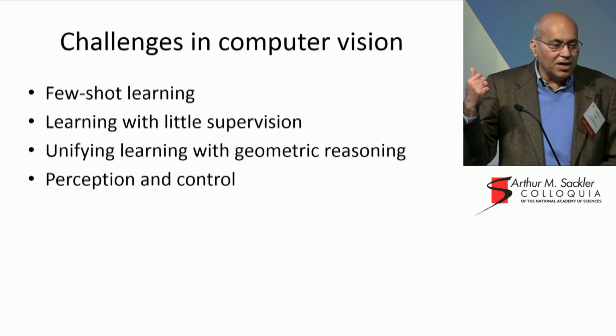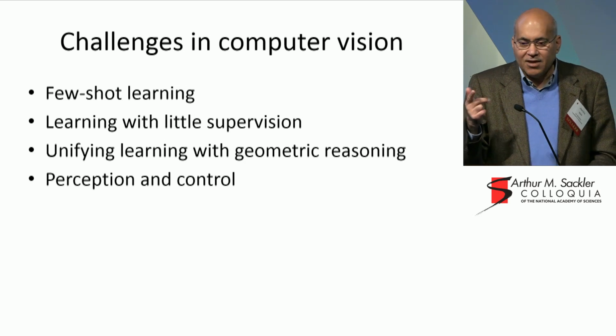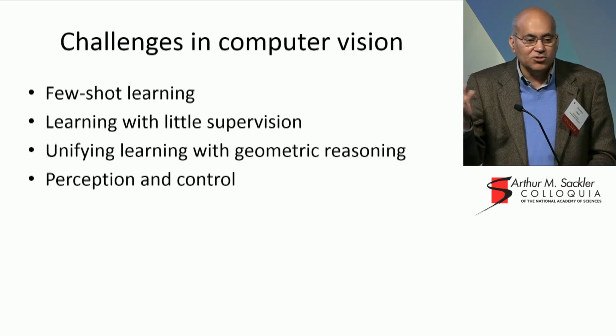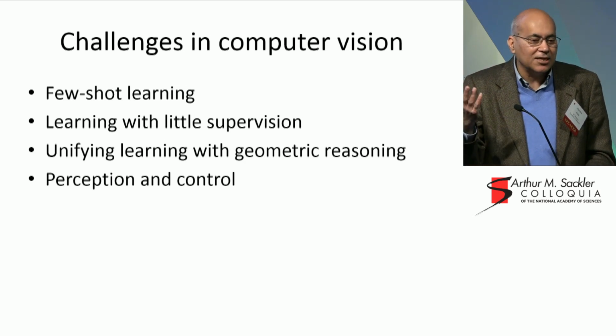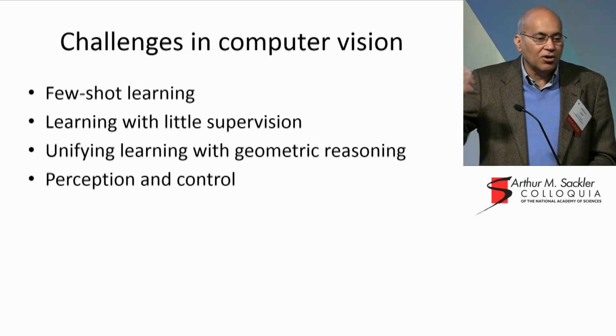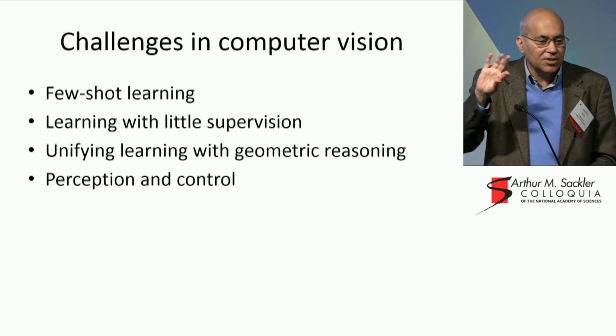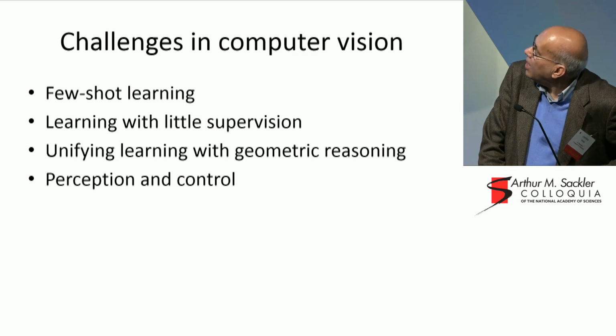So some of the work I showed you goes in that direction. The example that I gave about the learning of geometrical models of birds was one case study, where we did not need to have a supervision of the 3D shape of the object in order to predict 3D shape. We just used a variety of these consistency constraints.